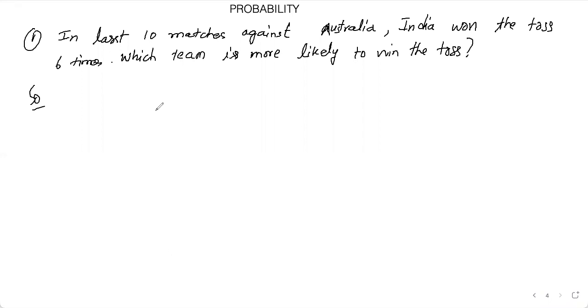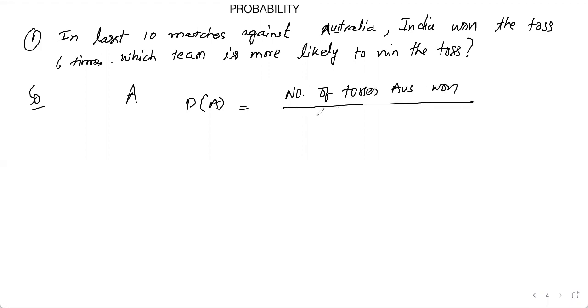Okay, so that is A. So the empirical probability of Australia winning the toss is given by P of A, which is equal to the number of tosses Australia won by the total number of tosses.